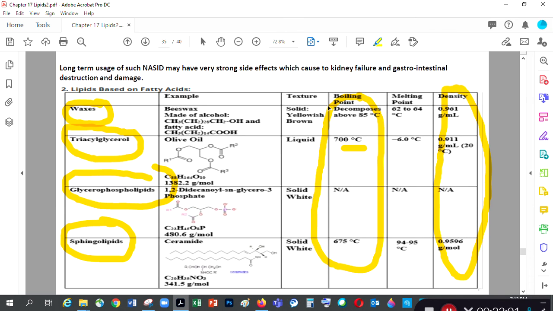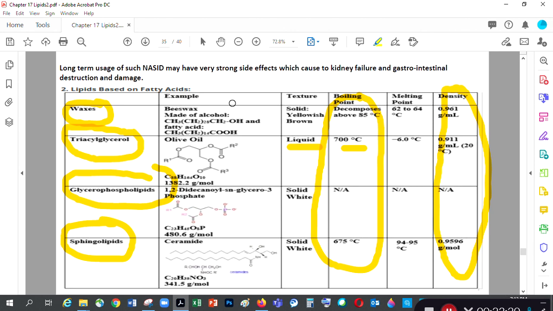And you can see if they have those fatty lipids based on the fatty acid, they are liquids. Most probably they will have what? They will have double bonds. Solids in general have no double bonds, but depending on what? Depending on their molar mass. So solids and liquids depend on the double bonds.